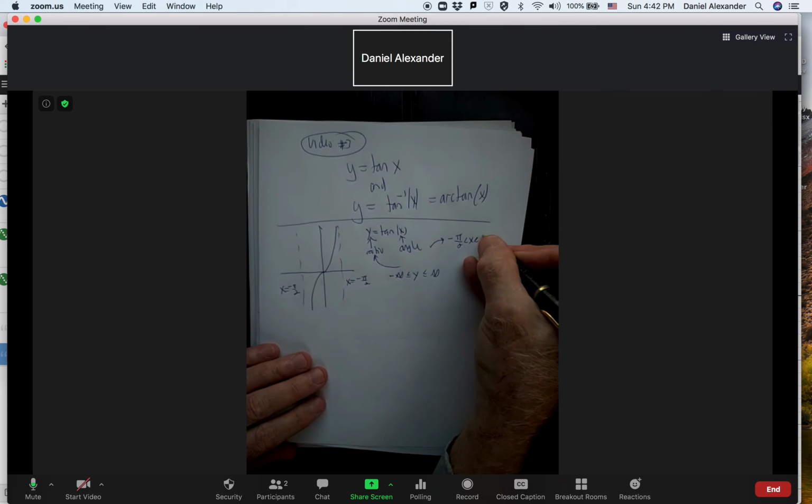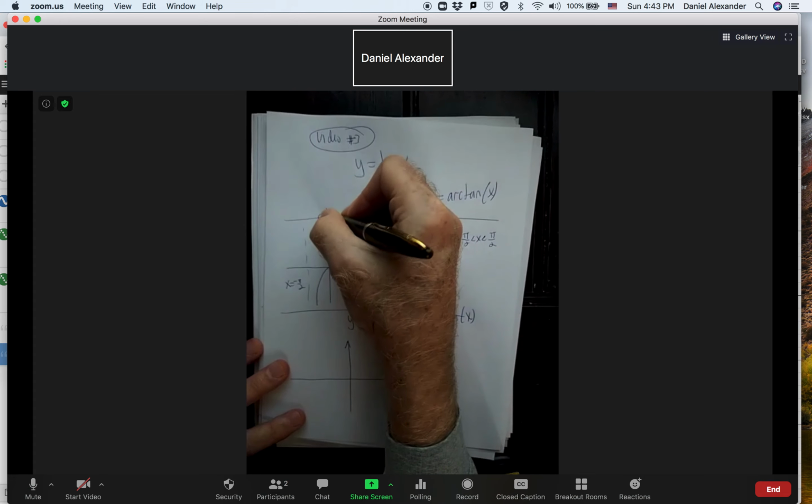Okay. So when we look at the inverse tangent, which is called the arctangent, we're going to flip this over. For the tangent, we plug in an angle, and we get back a ratio.